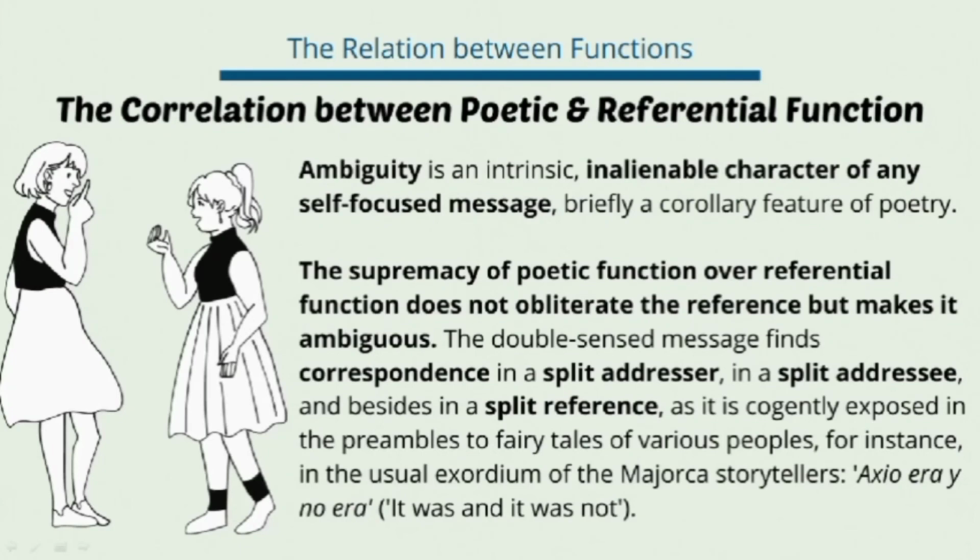The double-sense message finds correspondence in a split addresser, in a split addressee, and besides in a split reference, as it is congruently exposed in the preambles to fairy tales of various peoples. For instance, in the usual exordium of the Majorca storytellers, "Axio era i no era," which means "it was and it was not."